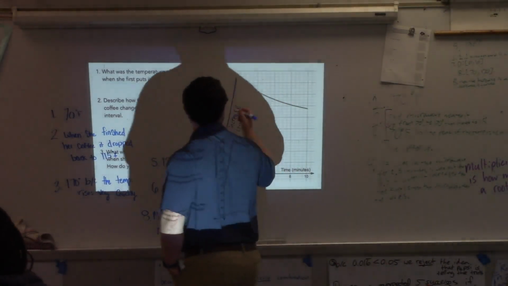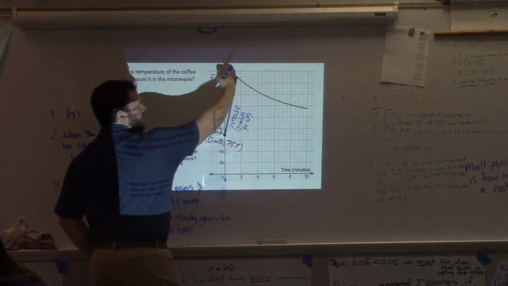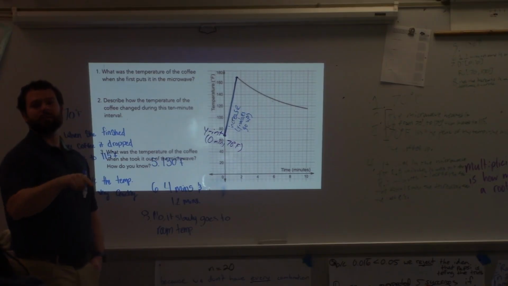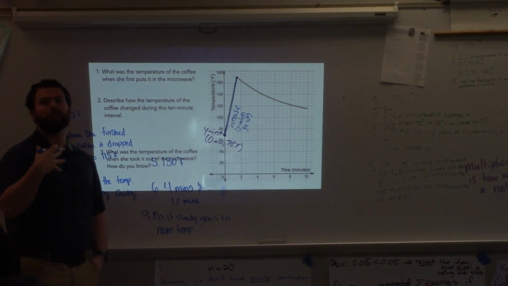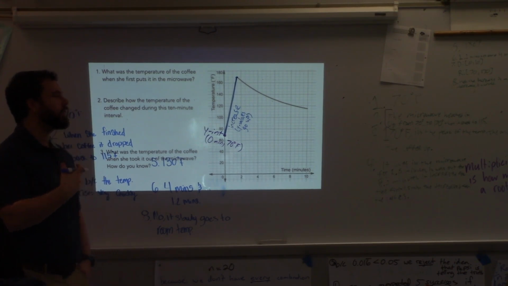What kind of slope would this have here? Would this have a positive or a negative slope? Positive. So why is it increasing? Because the slope would be positive. We need to recognize whenever there's a positive slope, it's increasing.